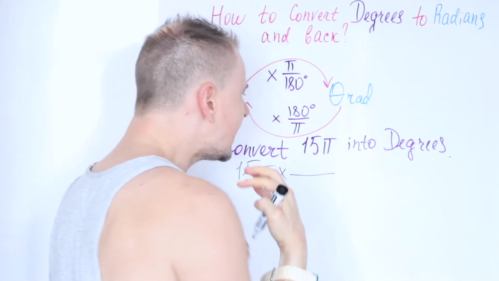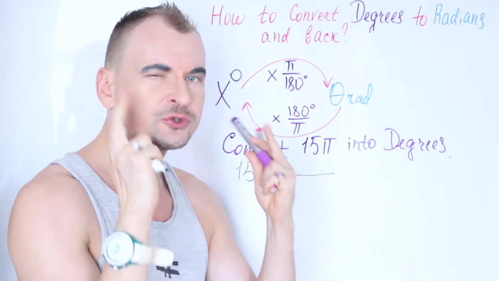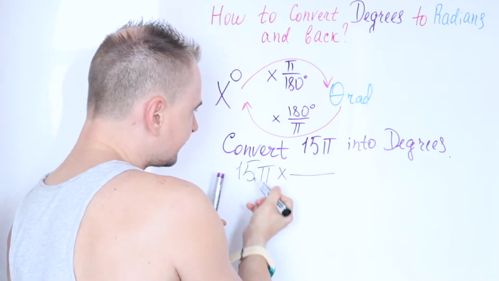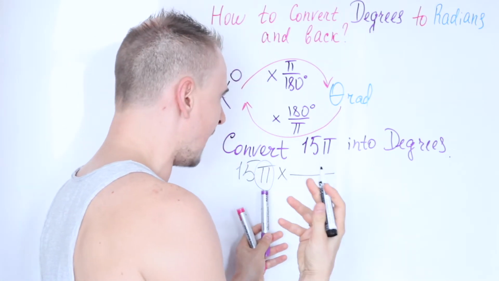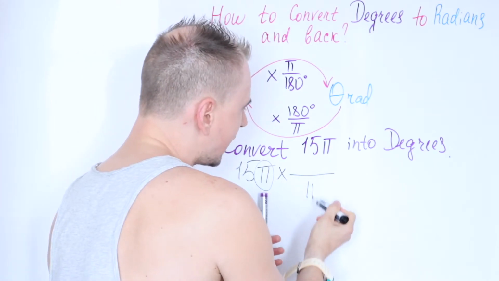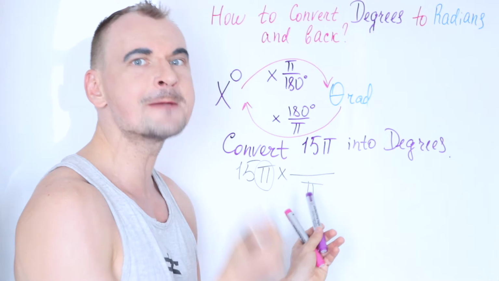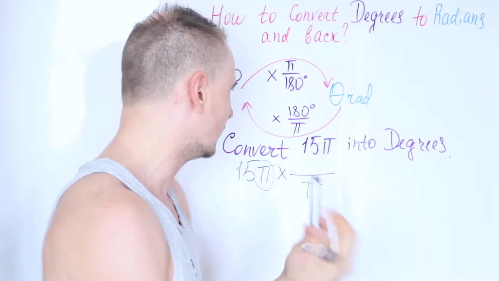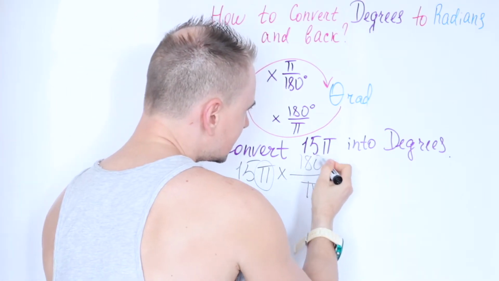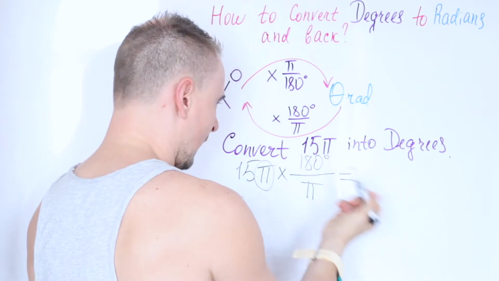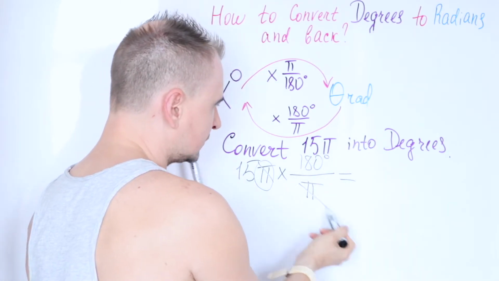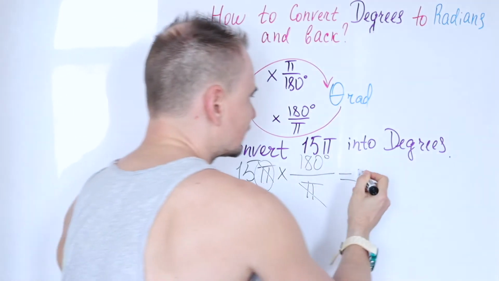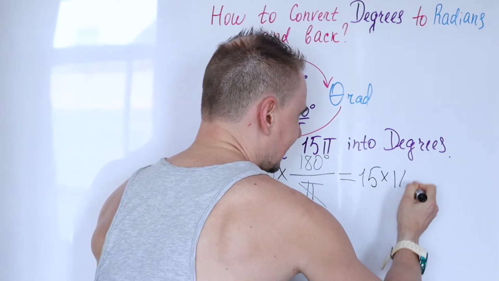And again, you could memorize this, or you could use this mnemonic trick, this mnemonic device. Since we are given pi in your number, you want to put this pi on the bottom of your fraction so that they cancel each other out, and you would be left with degrees, what we want. And 180 degrees goes on top of your fraction. As I mentioned before, this pi drops out, it goes away, and you would be left with 15 times 180 degrees.